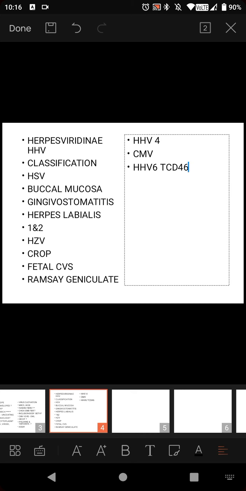So coming to HHV8. Kaposi sarcoma is the second most common in HIV; the first most common is CMV. The second most common cause is HHV8. The most common site is the skin, especially the lower limb. And primary effusion lymphoma, PEL, is CD30 plus, CD38 plus.